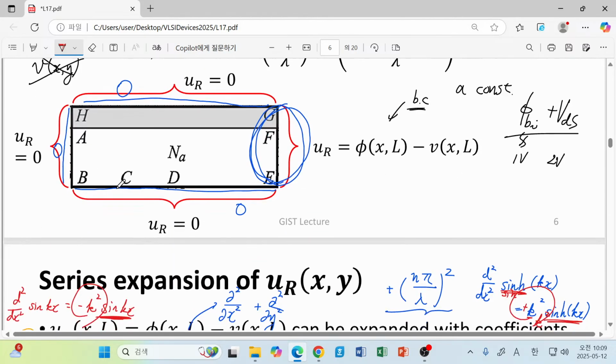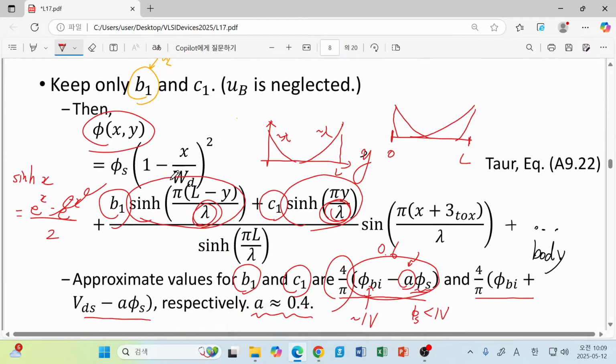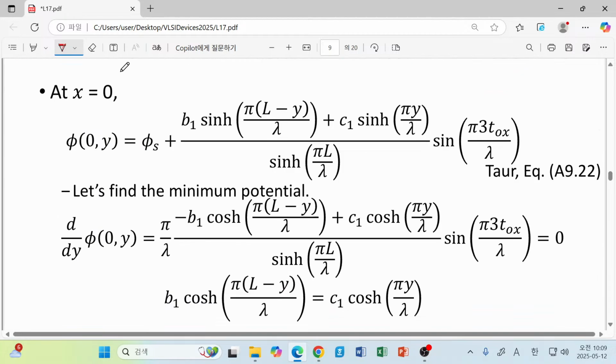This problem itself is not very accurate, and our solution is also a kind of truncated solution. Although we must perform the series expansion, we took the lowest order expansion, the C1, B1 expansion. So therefore, this is not very accurate, but it contains very important information.